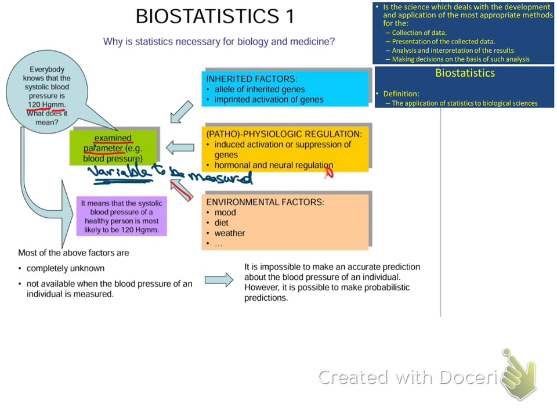This means that the systolic blood pressure of a healthy person is most likely, so it is not exact, most likely to be 120 millimeters of mercury. So we can have some people with more or less than 120. Of course, sure, we can have people more or less than 120. So 120 is most likely, and usually this is what we are getting from the statistics.